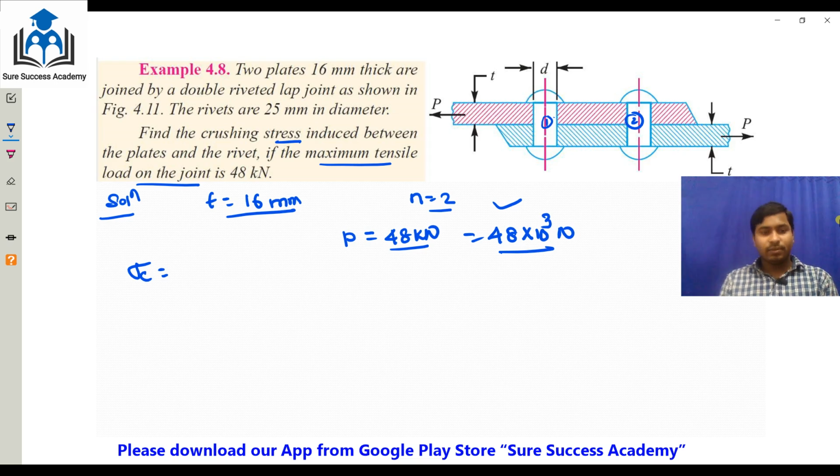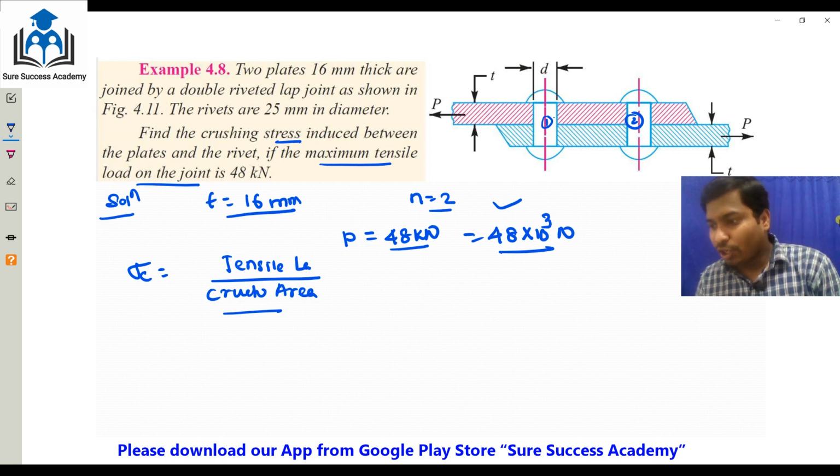Crushing stress is the tensile load divided by the crushing area. That's all, so you can calculate here. Since the joint is double riveted, the strength of the two rivets in bearing and crushing is taken.